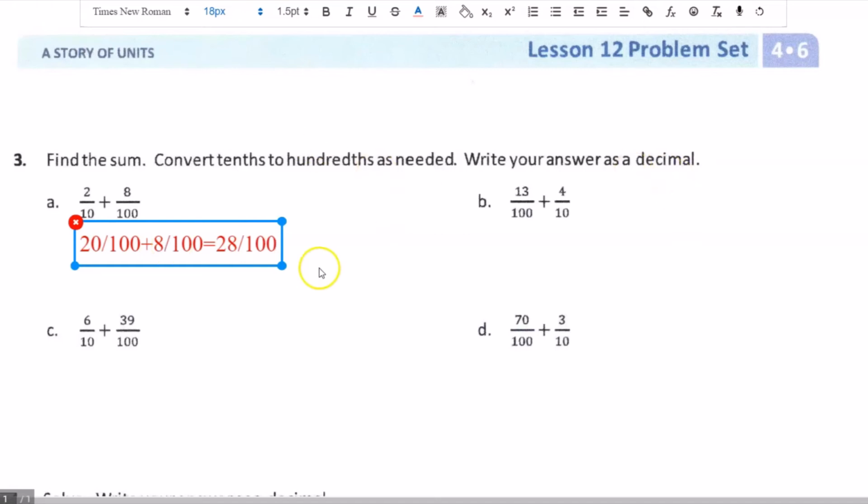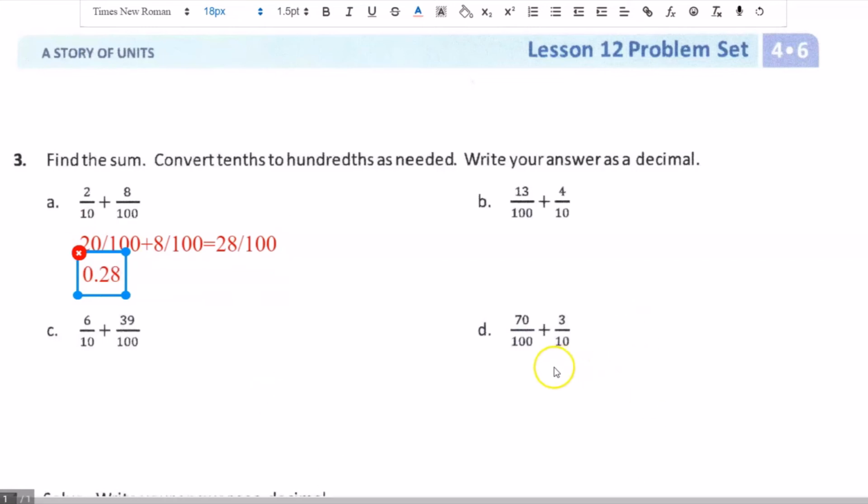Now it says write your answer as a decimal, so we need a decimal too. I've got to convert 28 hundredths into a decimal, so let's get a different text box. 28 hundredths, remember, that's going to be on the right hand side, 0.28. That says 28 hundredths or 28 cents.